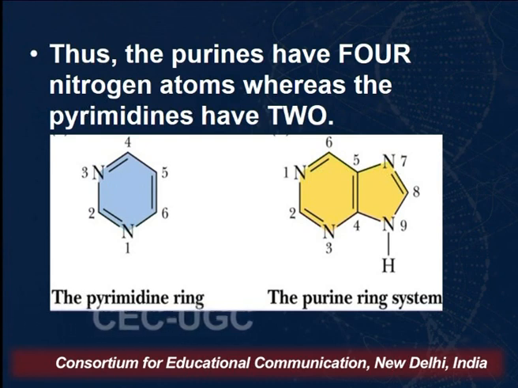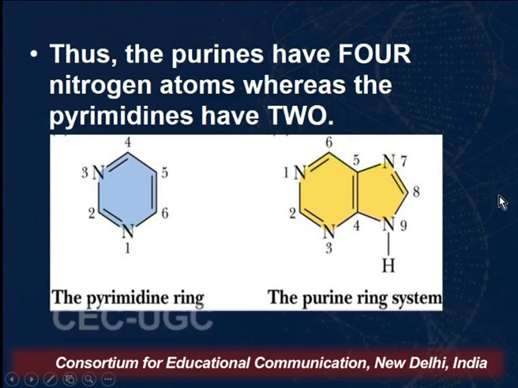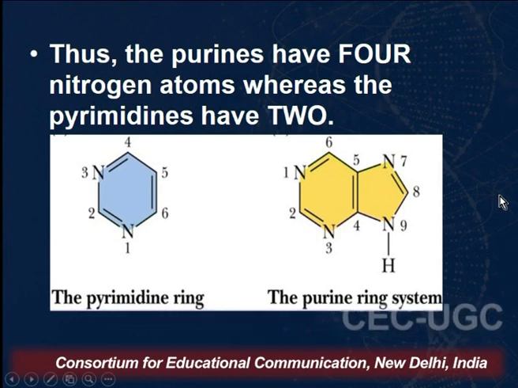And then you can observe that the numbering of the ring is done in such a manner that the nitrogens get the lowest possible number, and the numbering is done in a clockwise manner. Whereas when we look at the purine ring system, we find that it has 2 rings in it.